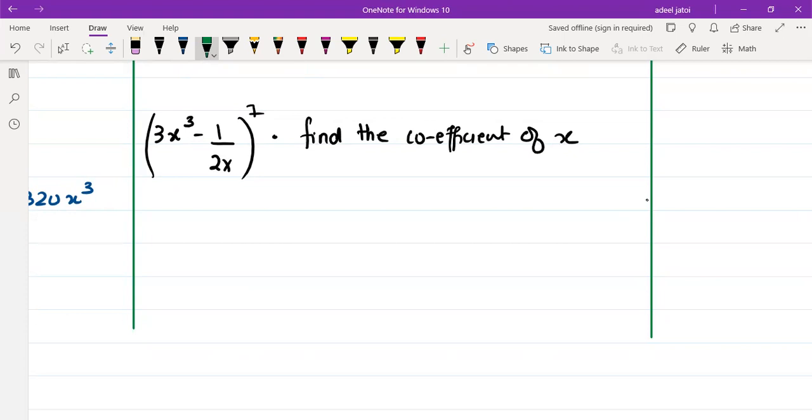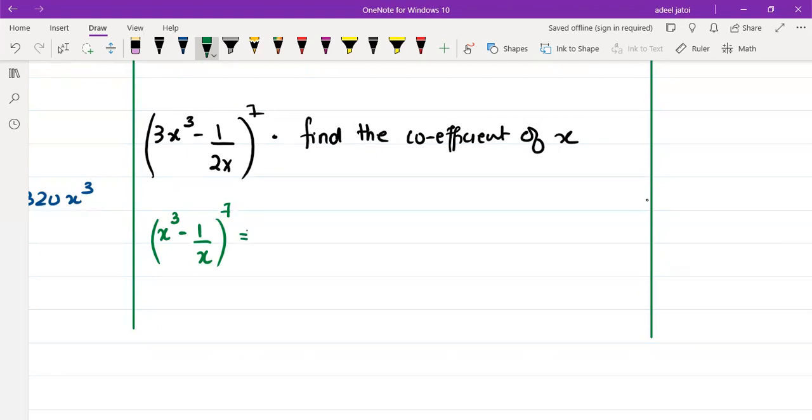So let's say x cube minus 1 upon x. I only picked upon the powers of x and the x value. I removed the coefficient from it. Now I see that A has x cube and B has minus 1 upon x, because obviously x is in the denominator.